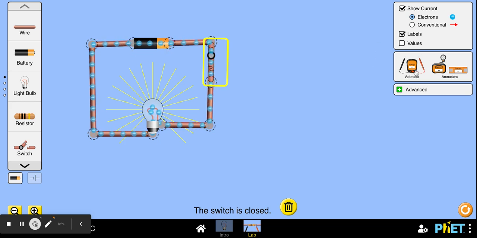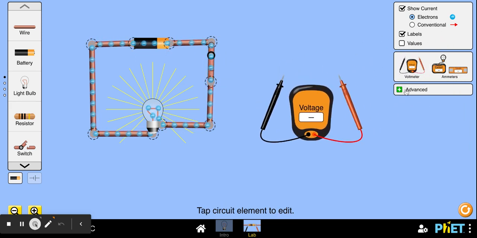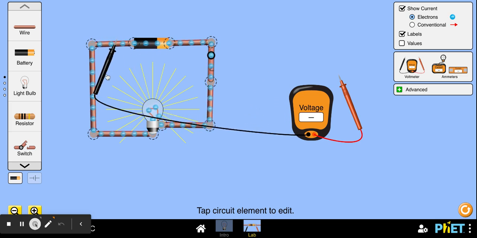Just as a review, we're going to look at voltage and current. My voltage tells me how much energy the electrons are gaining or losing across a source or a load. So I can look at the source in this circuit, which would be my battery.